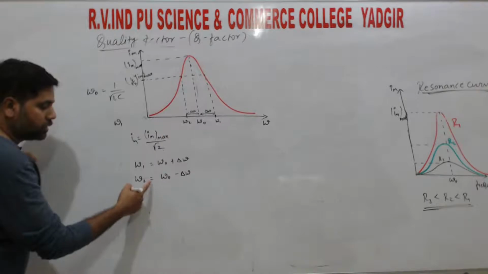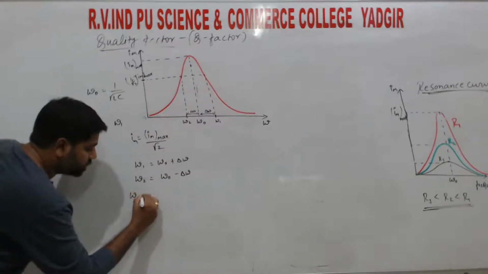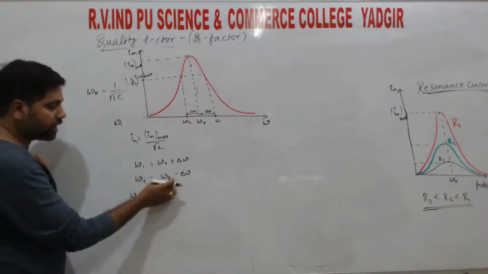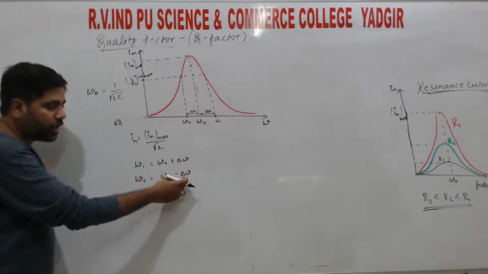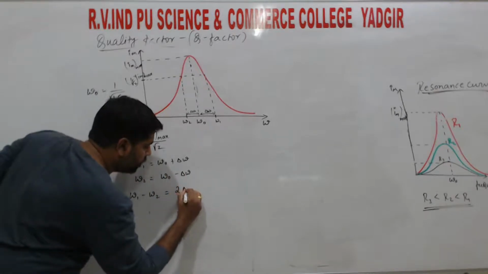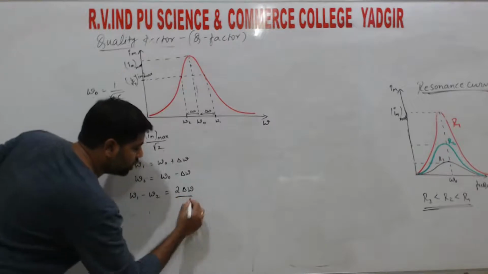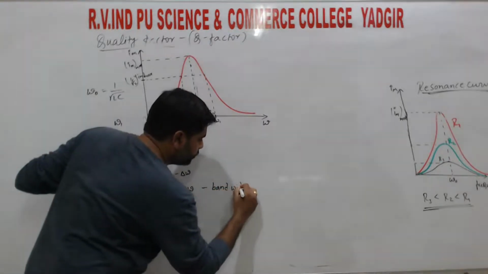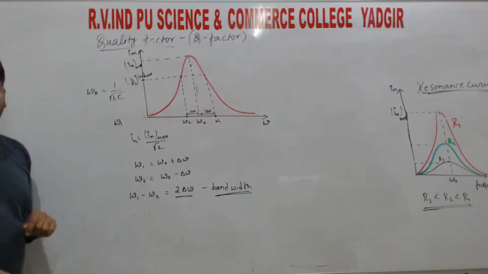Now subtract these two equations: omega 1 minus omega 2 equals, omega naught gets cancelled, plus delta omega minus of minus, that is plus delta omega, so we get 2 delta omega, right? We call this 2 delta omega the bandwidth.